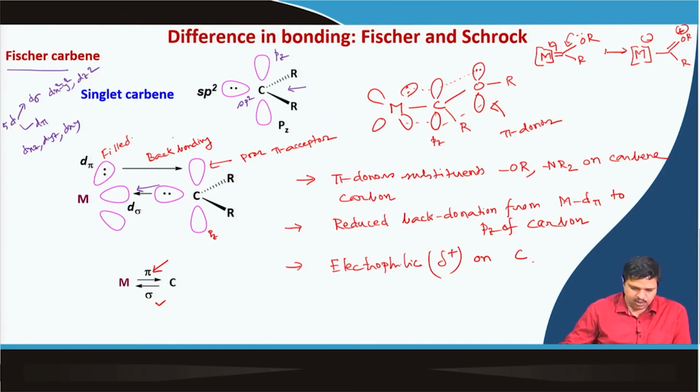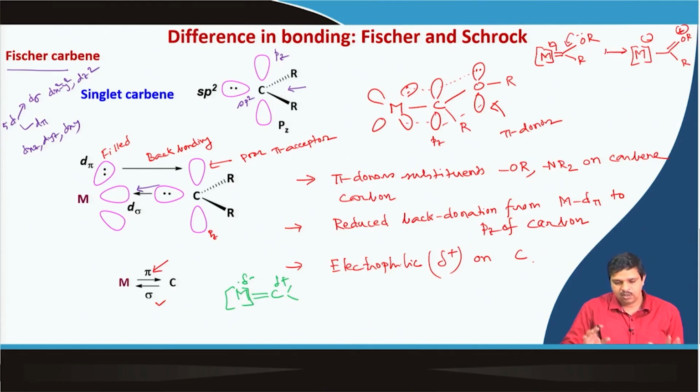So in the Fischer carbene complexes you get a delta plus and a delta minus. This is the bonding interaction between the metal d orbitals and the carbon orbitals in the Fischer carbene complexes.